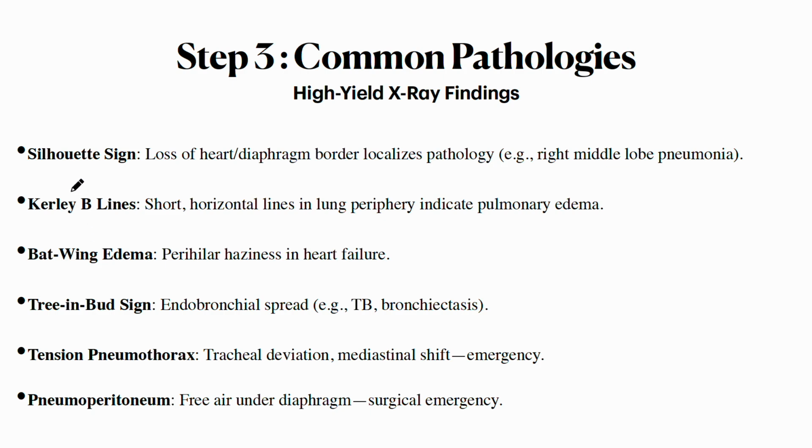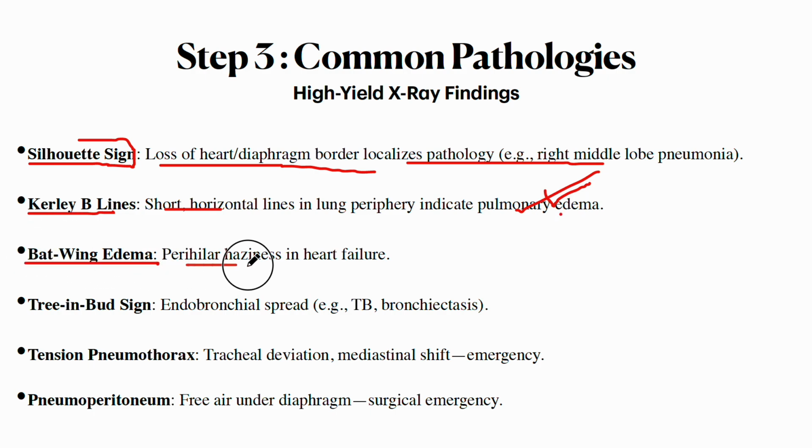And now these are high-yield X-ray signs for USMLE. The silhouette sign, we have talked about it. Loss of the heart or diaphragm border localizes pathology, like right middle lobe pneumonia. Kerley B lines, short horizontal lines in the lung periphery, indicate pulmonary edema. And then bat wing edema indicates perihilar haziness in heart failure.